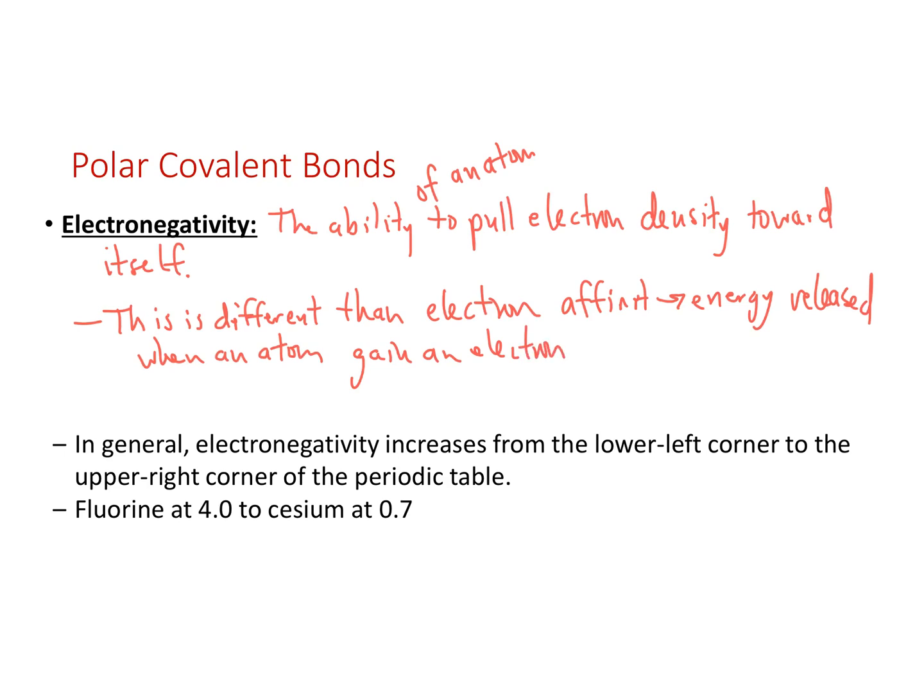We're talking about electronegativity, the ability of an atom to pull electron density towards itself. So a tug of war between two atoms, one atom is stronger than the other. So in general, electronegativity increases from the lower left to the upper right-hand corner of the periodic table, where cesium is the least electronegative at 0.7 and fluorine is the most electronegative at 4.